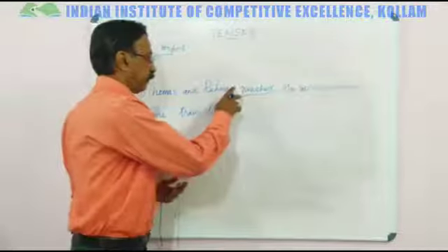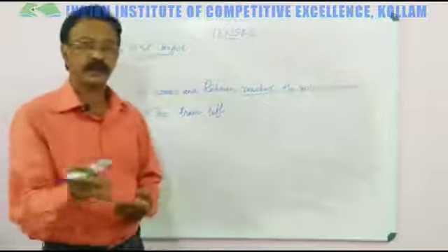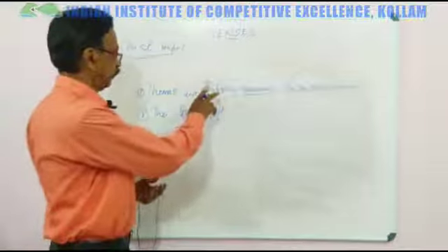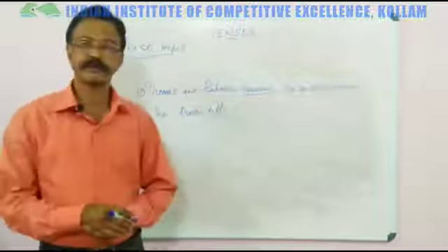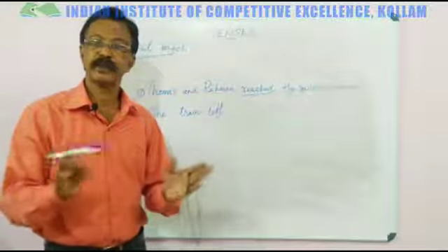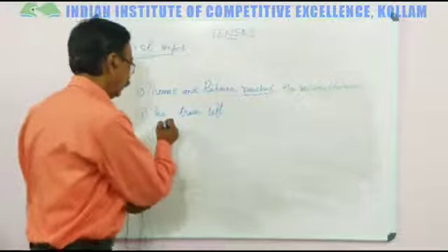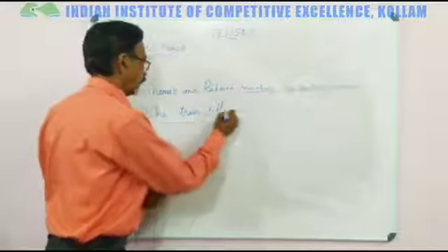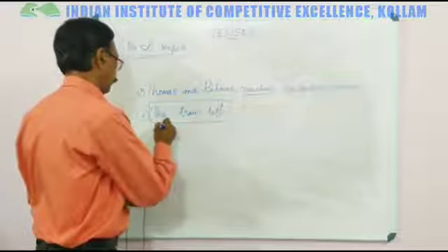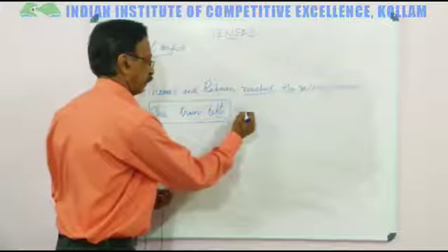If this is the second action, then they could have got it. So they did not get the train. So we can say this is the first action. First action. First happening.